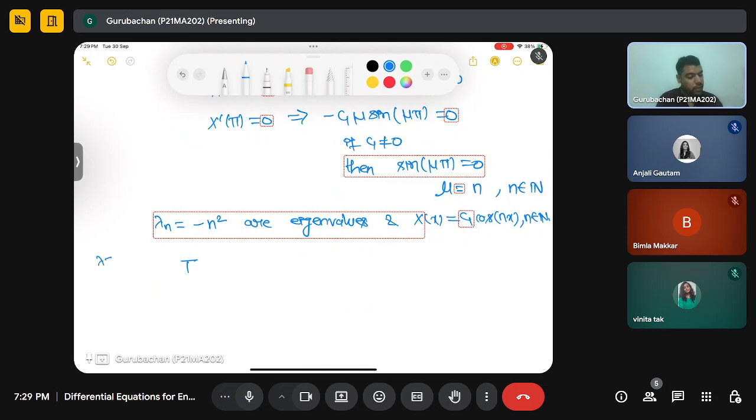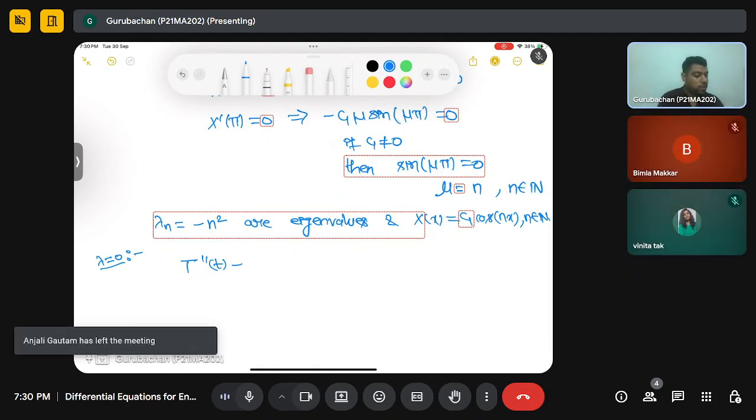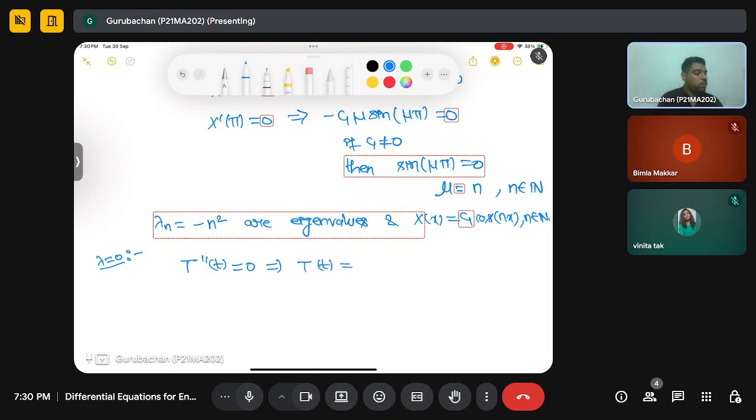When lambda is 0, then T double dash t minus lambda T is 0, so this will be 0, and this will give you T of t equal to some a naught plus b naught t. Since we are dealing with the lambda equal to 0 case, I am writing it like this.